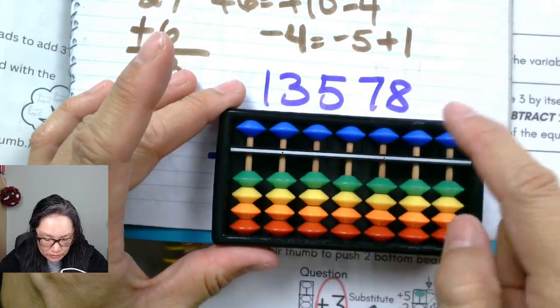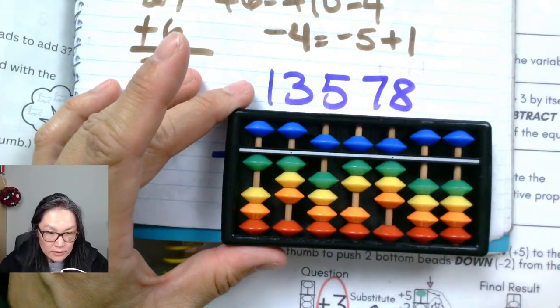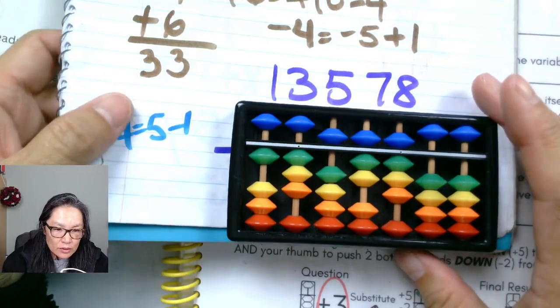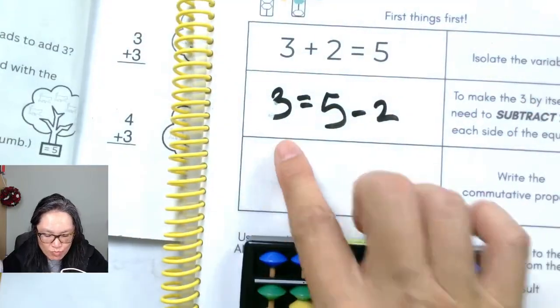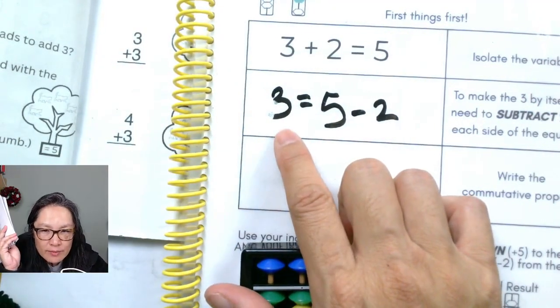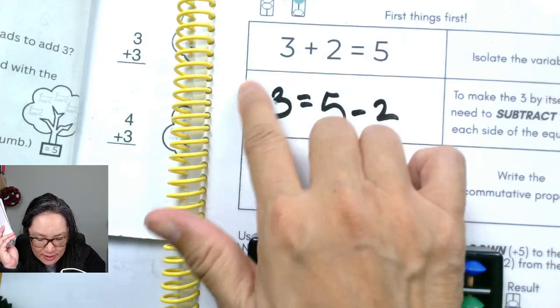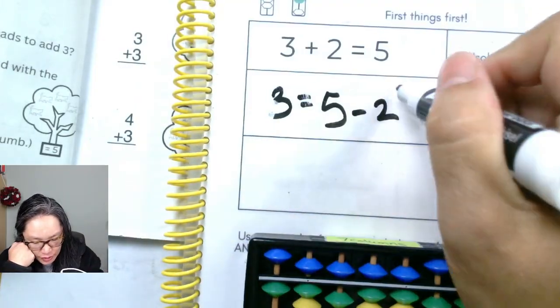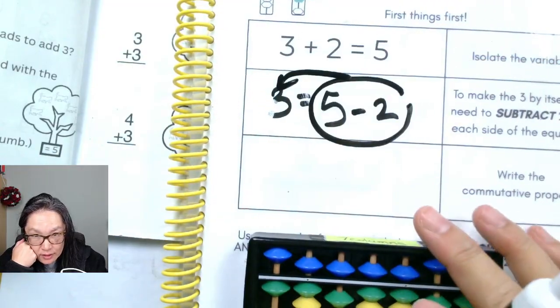We do 1, 3, 5, 7, 8. Right? Are you trying to make both sides equal? I am trying to make both sides balanced. So this 5 plus 2 gets substituted into 3.